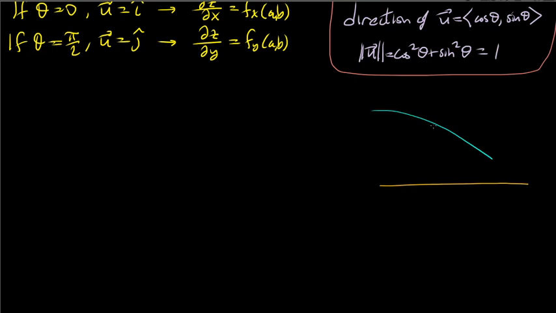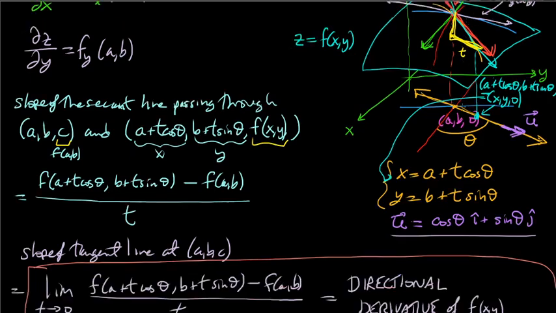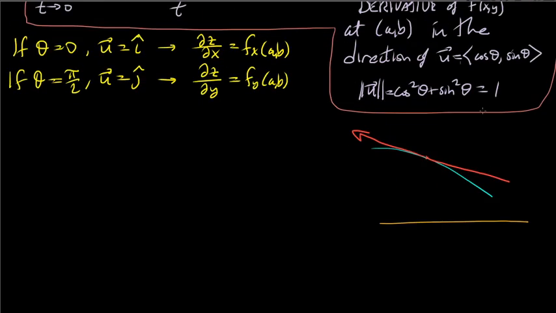We're looking for the derivative at a particular point, and that gives us the red line here, which is the same red line as above. I'm just changing the perspective a little bit. So we're looking for the slope of this red line here, at this point.